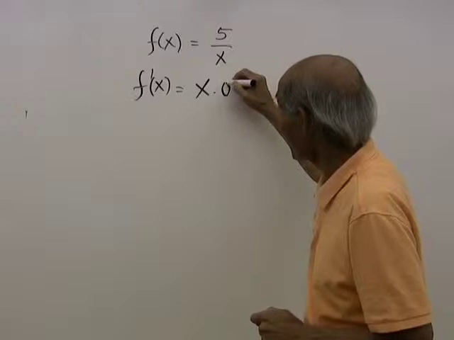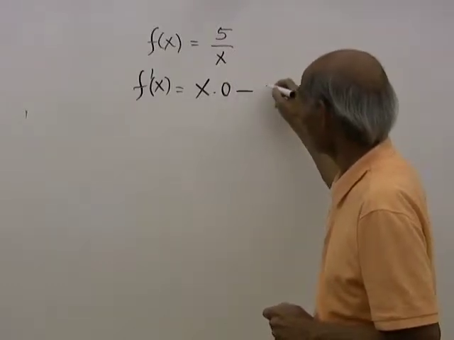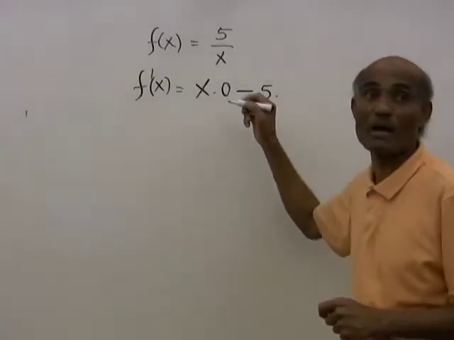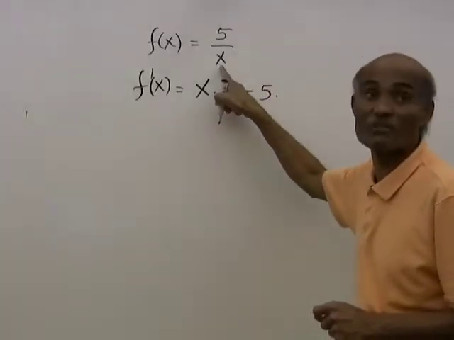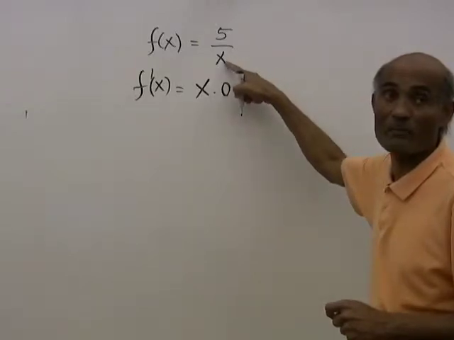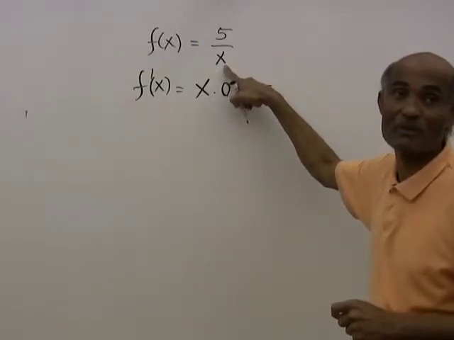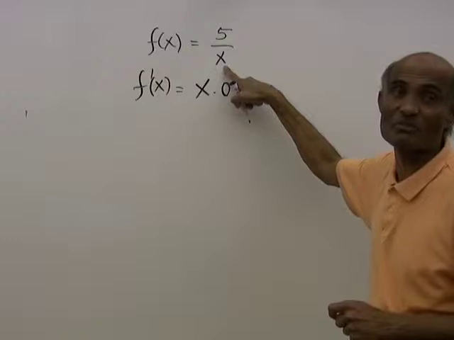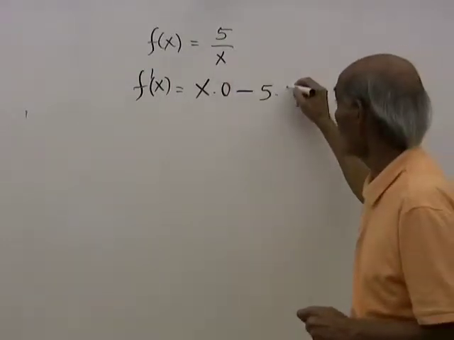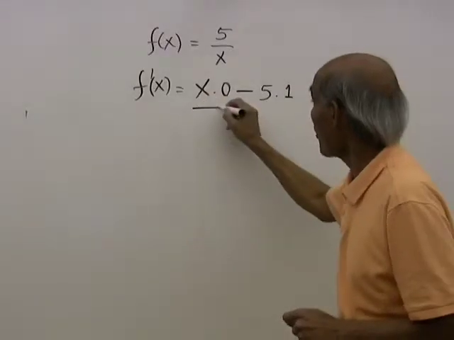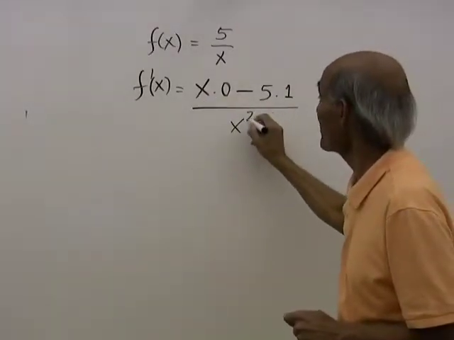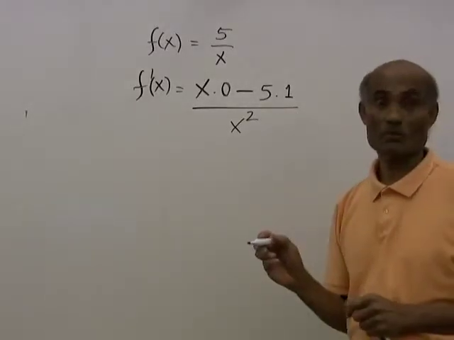So x multiplied by 0, minus the numerator multiplied by the derivative of the denominator. What is the derivative of x with respect to x? That is 1, all over the square of the denominator, x squared. One more time.